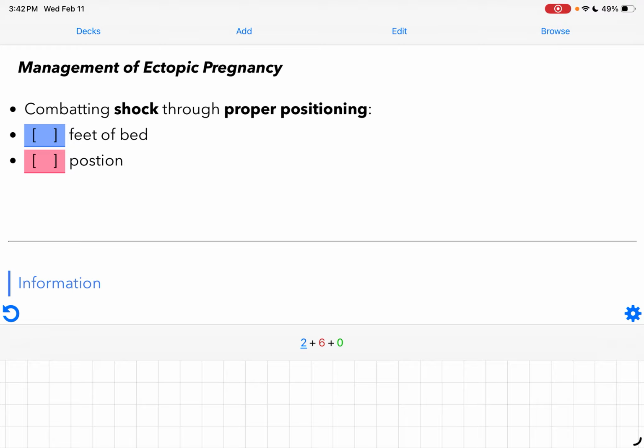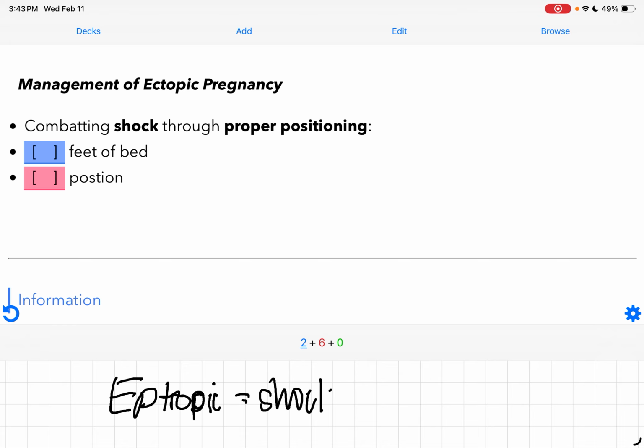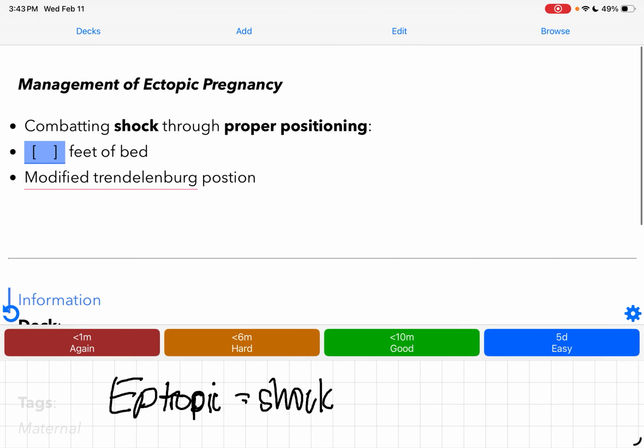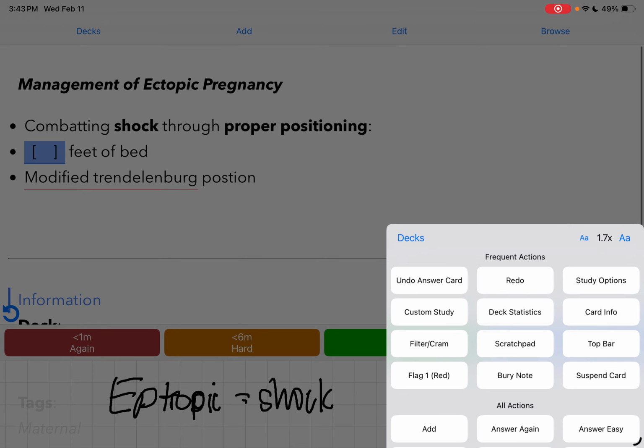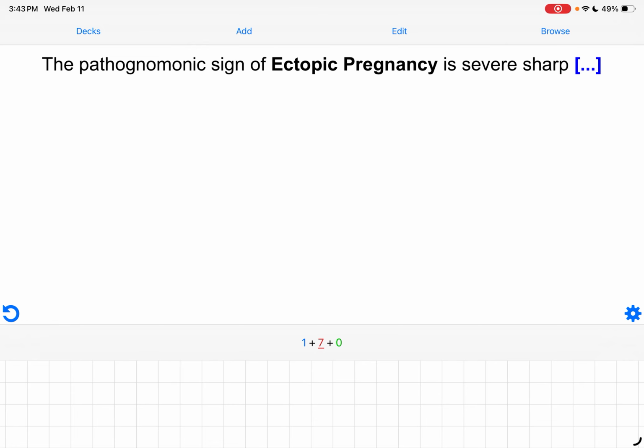Combating shock through proper positioning. If we have ectopic pregnancy, we are at risk for shock. We manage it by having a modified Trendelenburg position, elevating the feet on the bed, because it lessens the pressure in the cervical area.